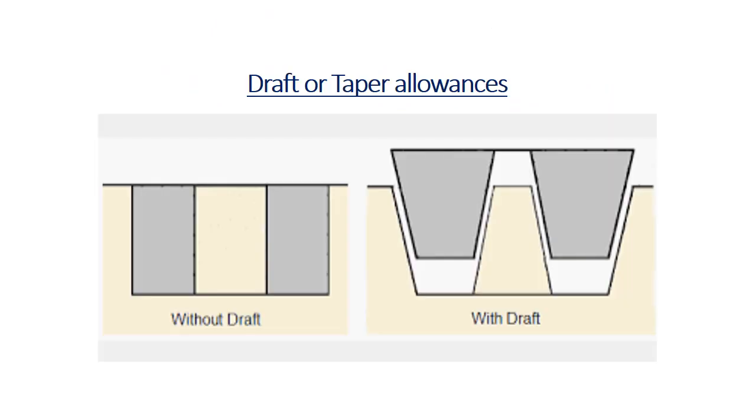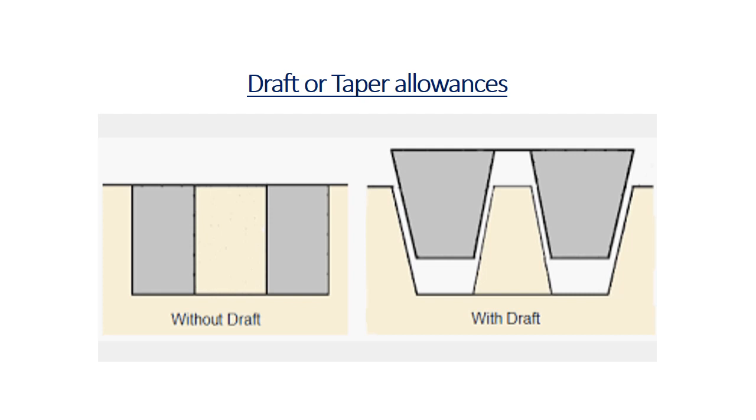Now, first I will discuss the draft or taper allowance. What is draft or taper allowance? Whenever we try to take out something from the sand, it requires some sort of force. If the surface of the particular object is smooth, it requires less force.